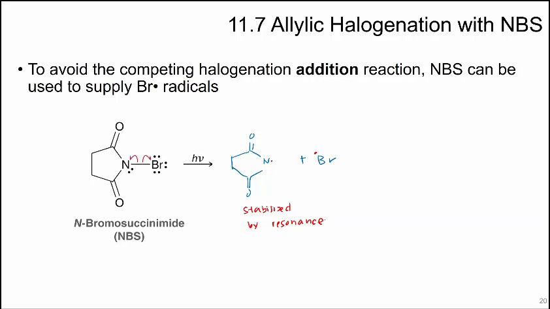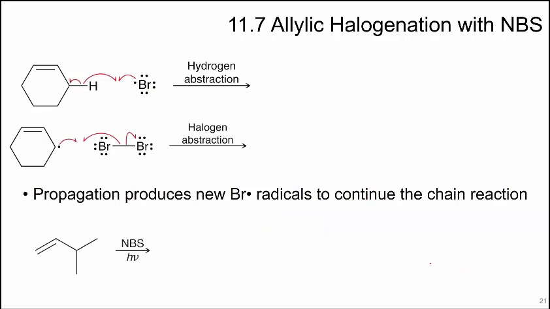So once this N radical forms and the Br radical forms, the Br can abstract that proton. Get this radical here. That radical can react with the Br that's in solution and have the halogen abstraction.